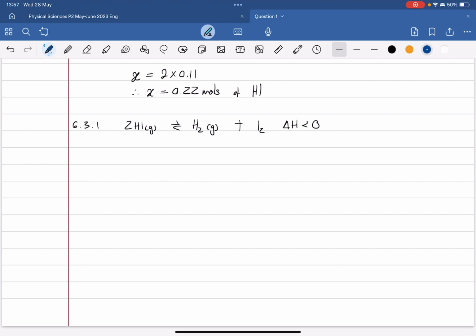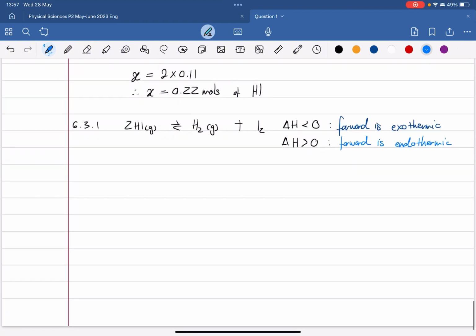When change in H, that's change in enthalpy, is less than 0, that tells you that the forward reaction is exothermic. And if you've got a change in enthalpy that's greater than 0, a positive number, that tells you that the forward reaction is endothermic.